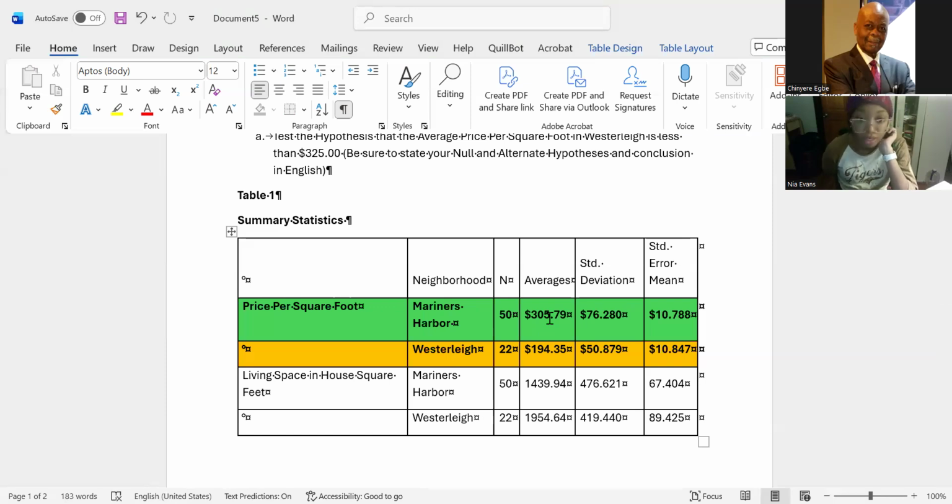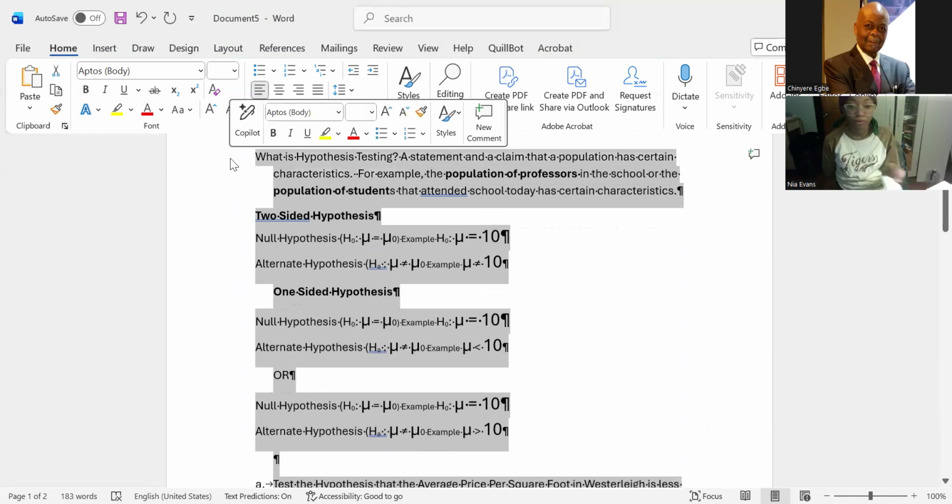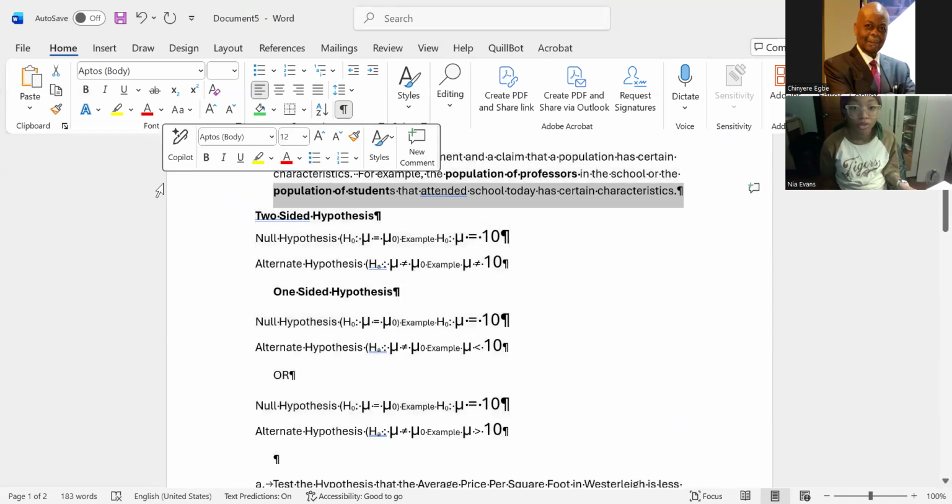But because the sample information has already indicated to us that it might be less than 325, we will test the hypothesis that the true average is less than 325, but statistical testing could lead us to conclude that it is not less than 325. Okay?